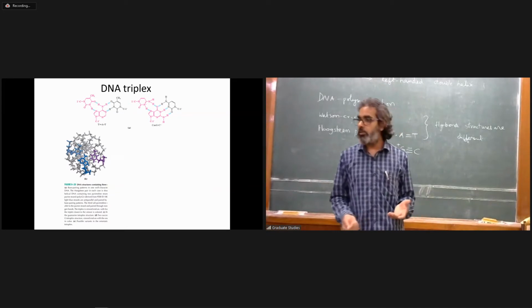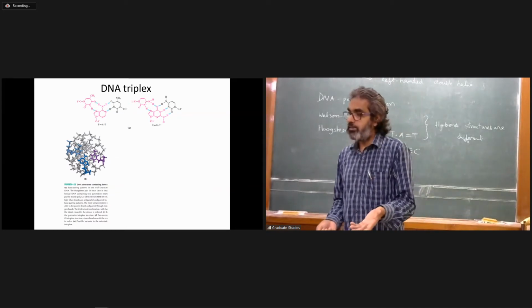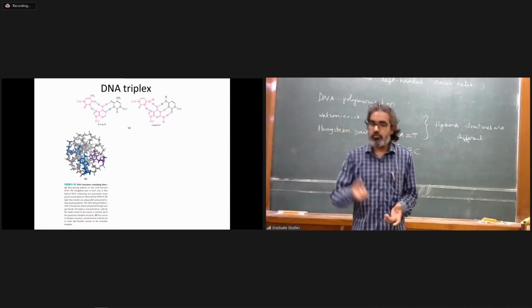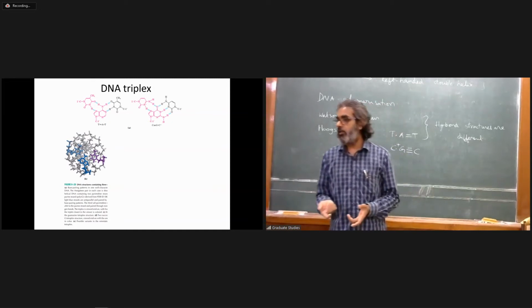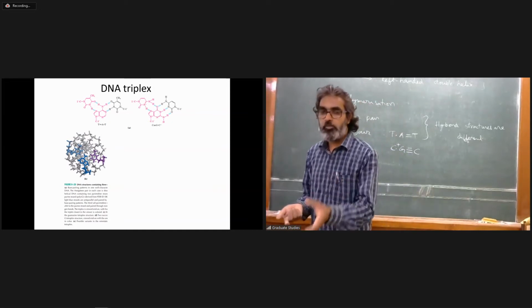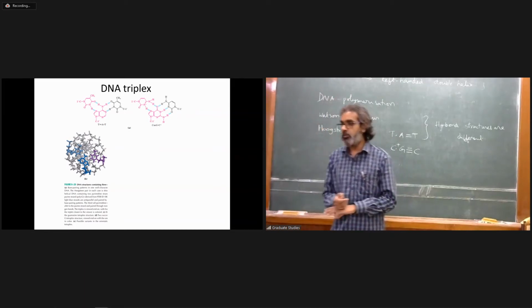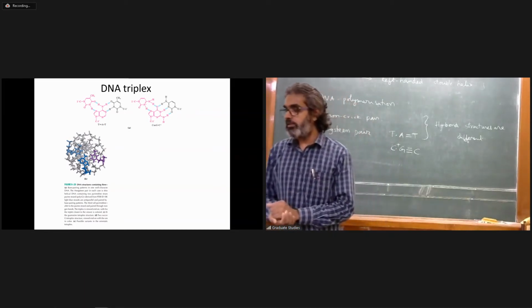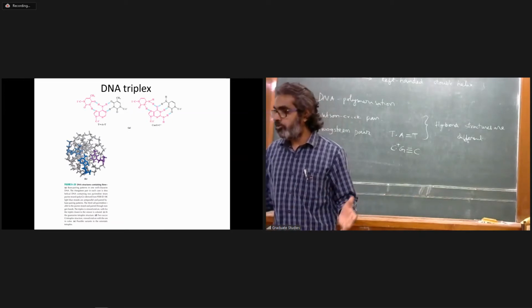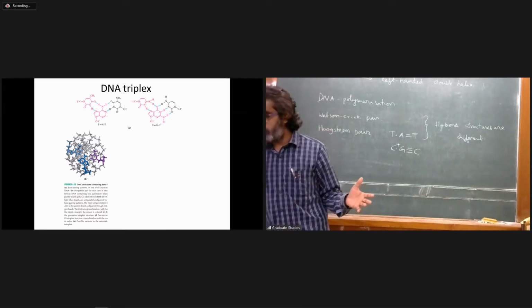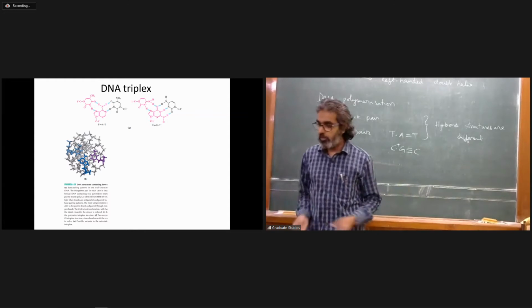These oligos can exist, and if there is double-stranded DNA available in the neighborhood, they want to bind so that they can stabilize and reduce the energy. Otherwise, naturally in chromosomes you have double-stranded DNA packed with proteins.